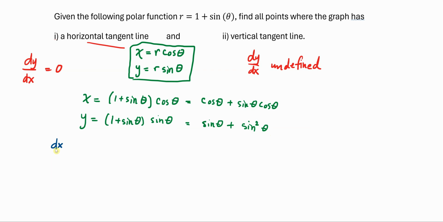I'm going to change colors here when I go to take the derivative. So dx d theta is going to be equal to the derivative of this statement up here. That's going to be negative sine theta, and then we have to use the product rule. The derivative of sine times cosine is cosine times cosine, which is cosine squared, plus the derivative of cosine, which is negative sine times sine.